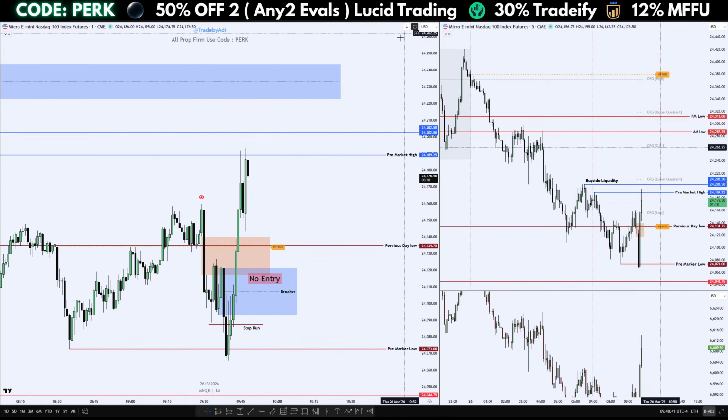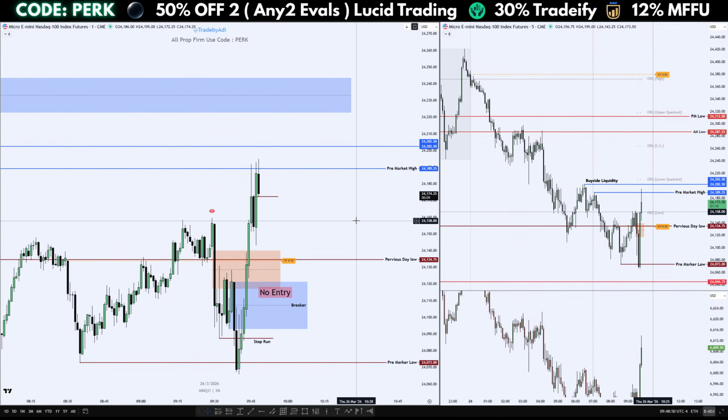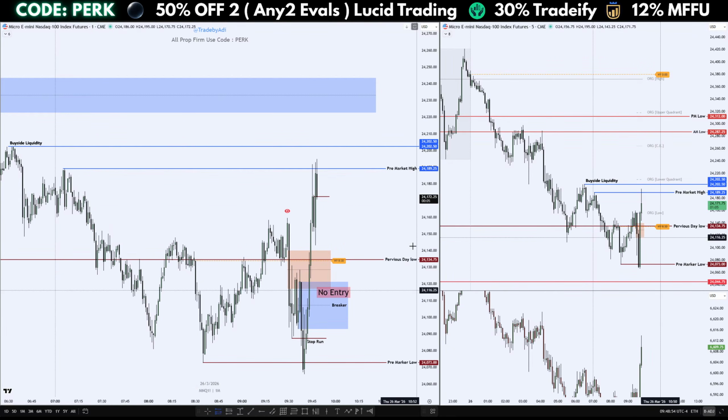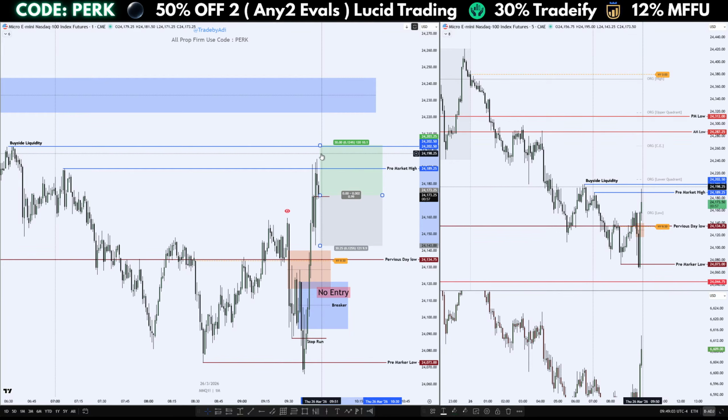Most likely the price is going to tap to this order block and have the expansion, but this setup is really not good, because if it is going to be like this, we are not even getting the 1 RR.